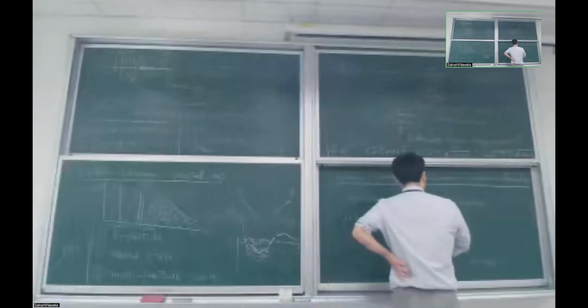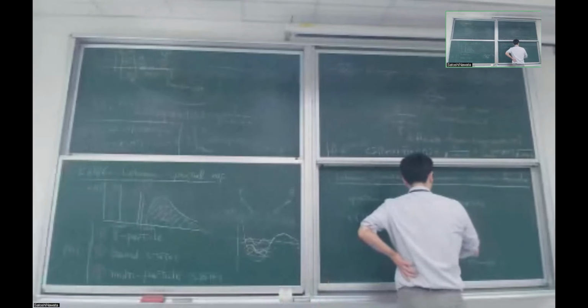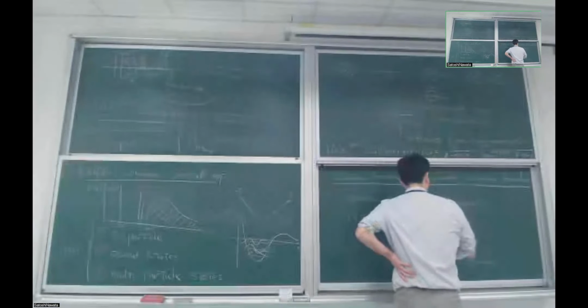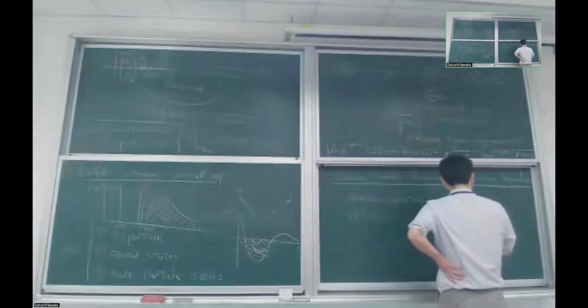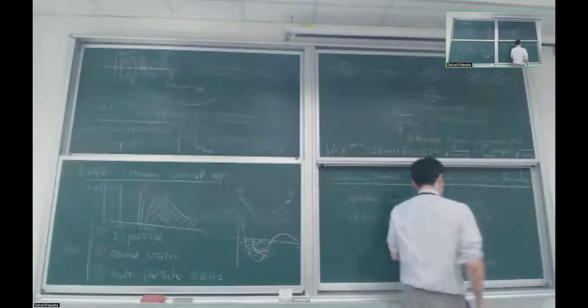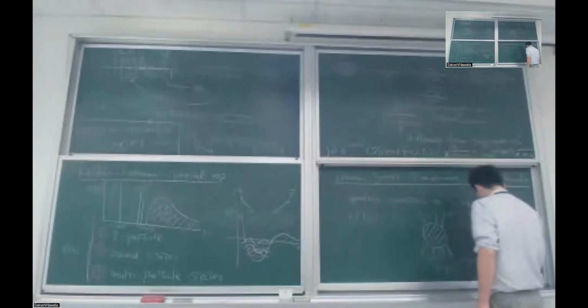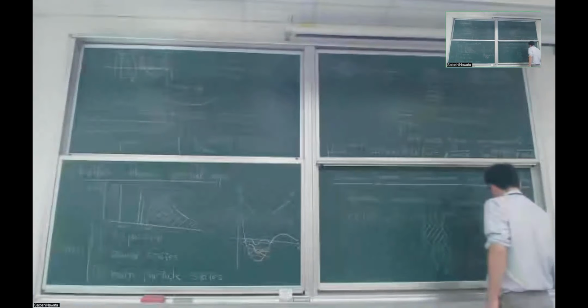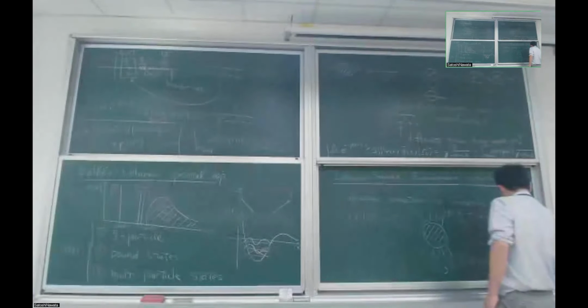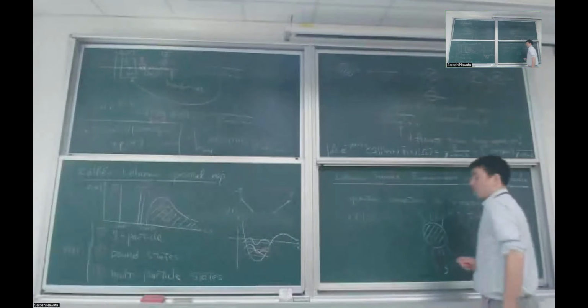The final state is also some wave function f at future infinity. The initial and final states are free particles, and they do not interact with each other. That's what we assume.